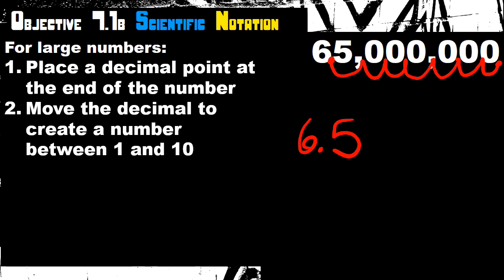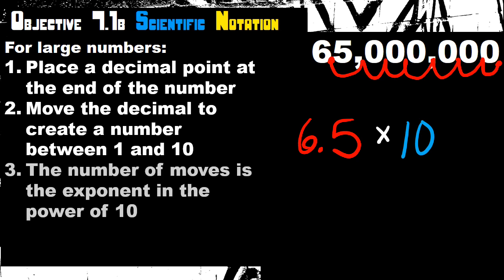And then we can add our multiplication sign. We know our second number is going to be a power of 10, and the number of moves that we took is going to be our exponent. Let's count the number of moves we made: 1, 2, 3, 4, 5, 6, 7. So for the power of 10, our exponent is going to be 7.